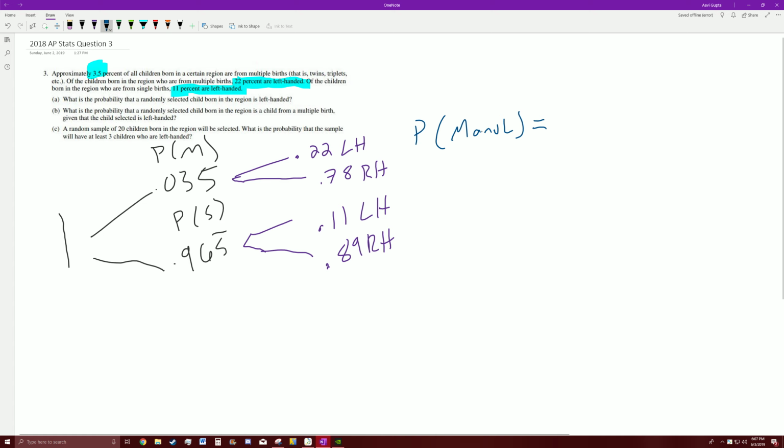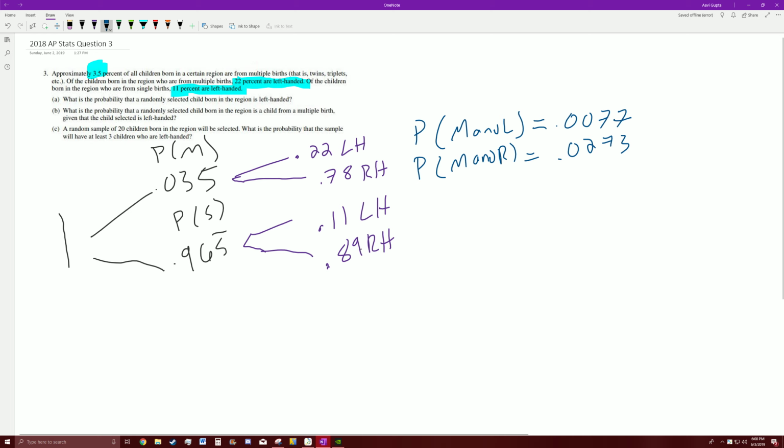All you have to do is multiply the 0.035 by the 0.22, and you're going to get 0.0077, then 0.035 times 0.78, or the probability multiple and R, is equal to 0.0273.